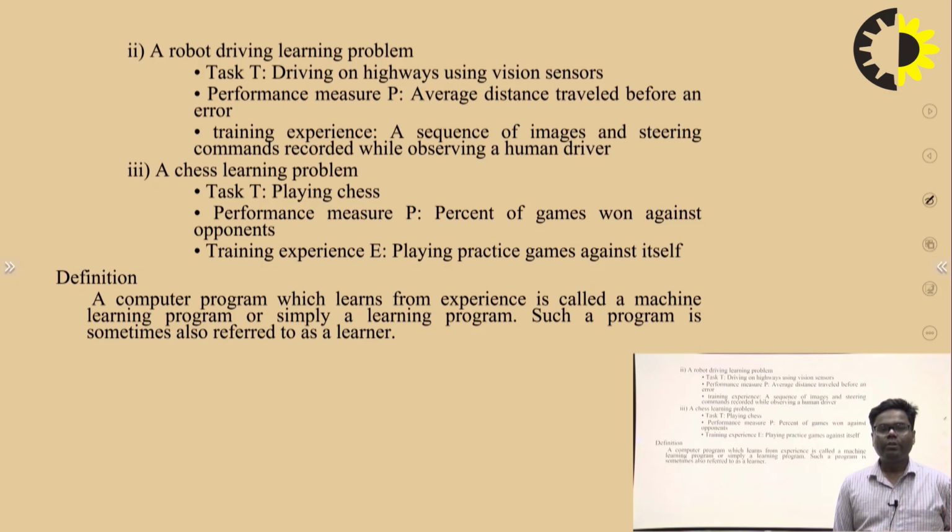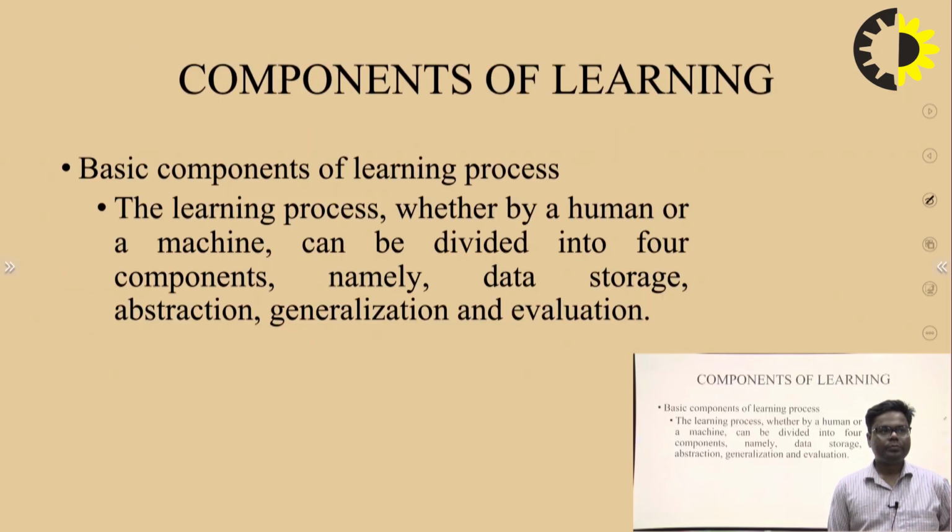When you are playing chess with a bot, that is the task, and the bot will check what percentage of games I or the opponent can win, and playing practice games against itself is the experience E. So the definition: a computer program which learns from experience E is called a machine learning program or simply a learning program. Such a program is sometimes also referred to as a learner.